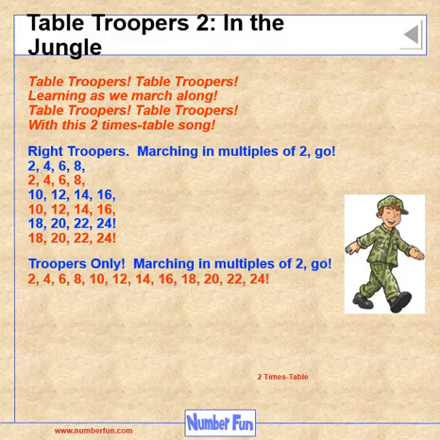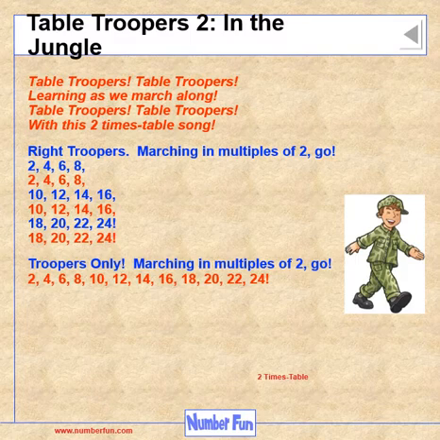Troopers only, marching in multiples of 2. Go! 2, 4, 6, 8, 10, 12, 14, 16, 18, 20, 22, 24.